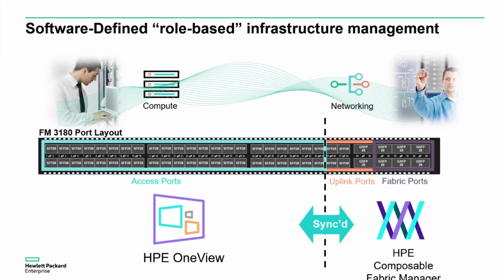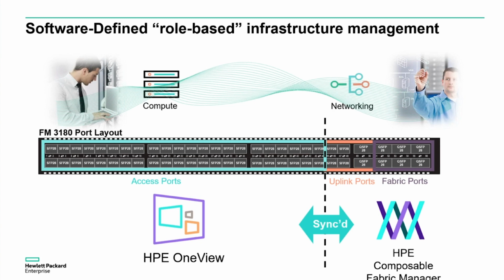The purple ports here, the fabric ports, are how each switch talks to one another in the fabric. The key thing here is that you don't have to configure the fabric. When you plug the switches in and connect them to each other, following the wiring guidelines, the switches auto discover each other.